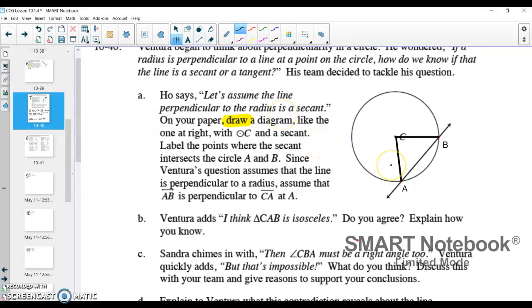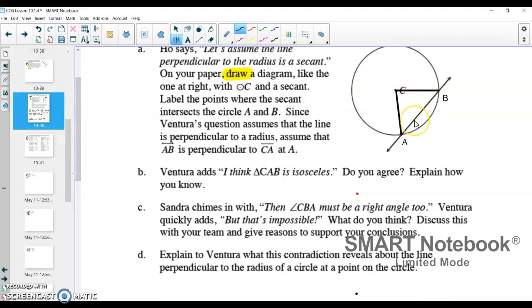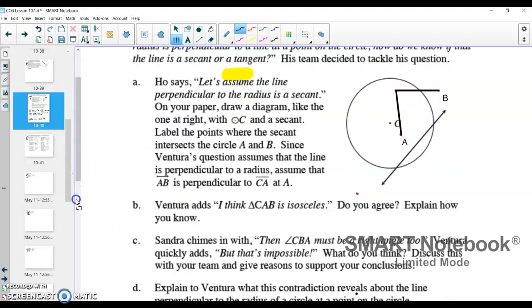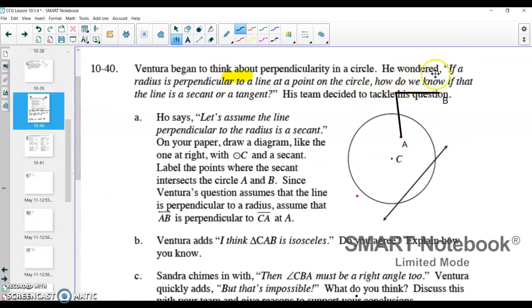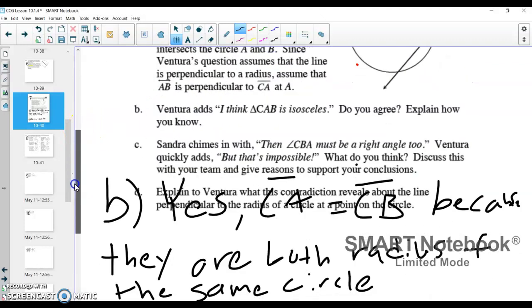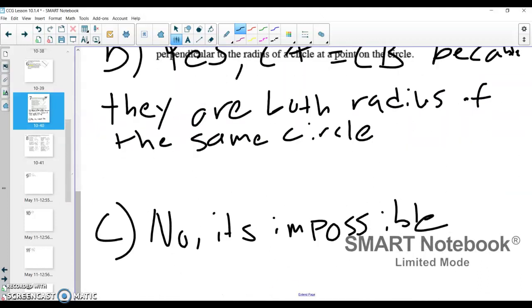Well, with what we saw here, that can't be true. That cannot be a secant line because we reached a contradiction where it couldn't form a triangle. So what this really means is that if you have a radius that is perpendicular, that would have to be a tangent line and not a secant line.